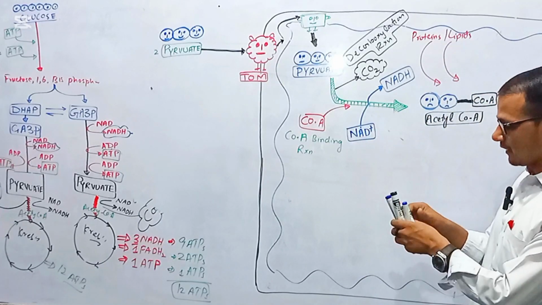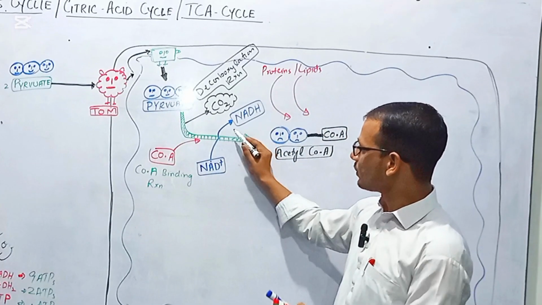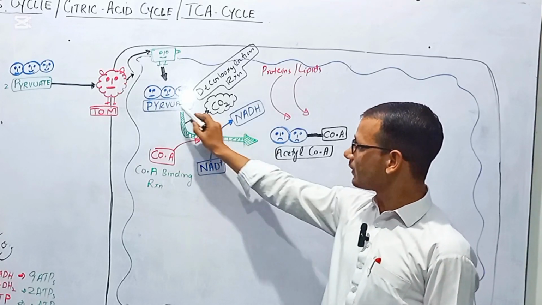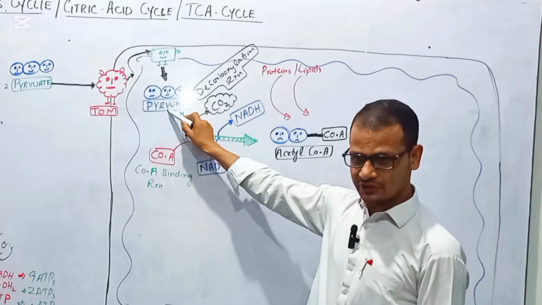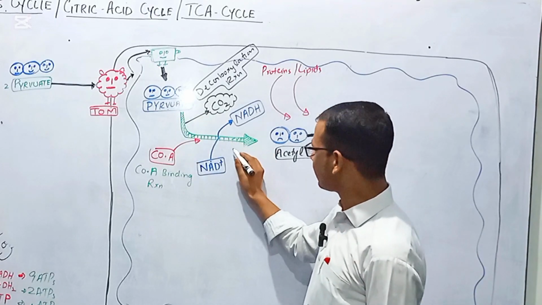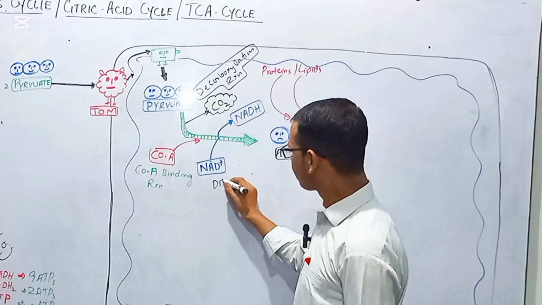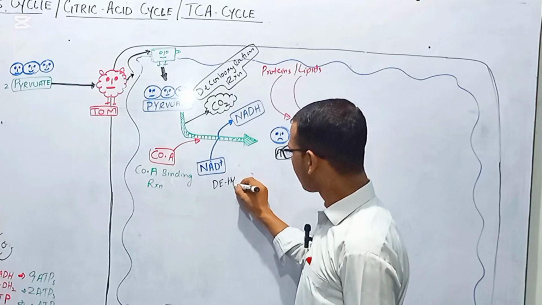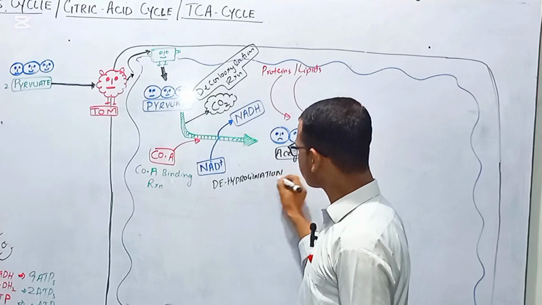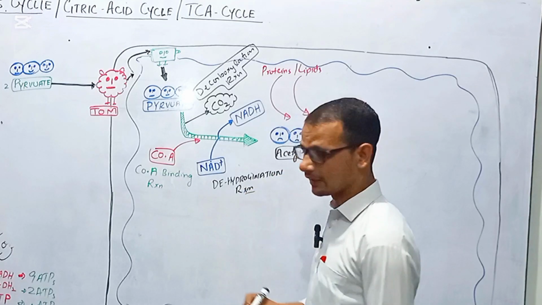How? For example, from carbon 1 hydrogen is released, and the pyruvate is dehydrogenated, and NAD is reduced to NADH, right? So this reaction is called a dehydrogenation reaction, right?